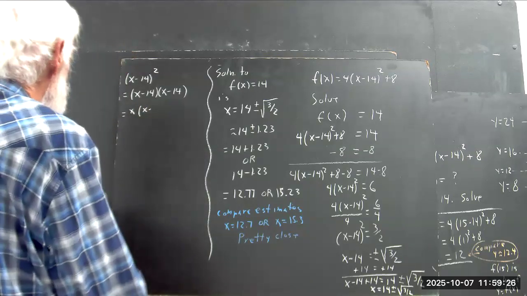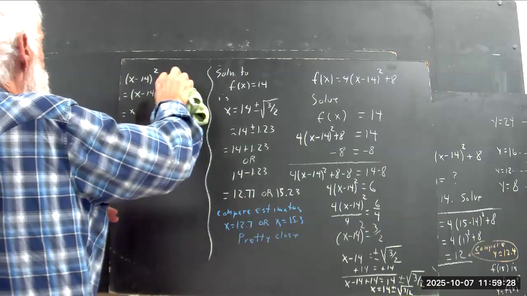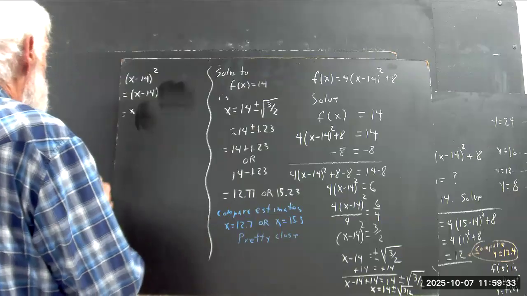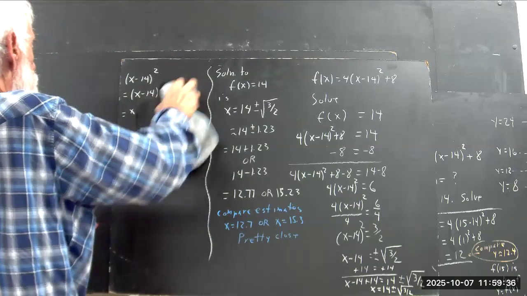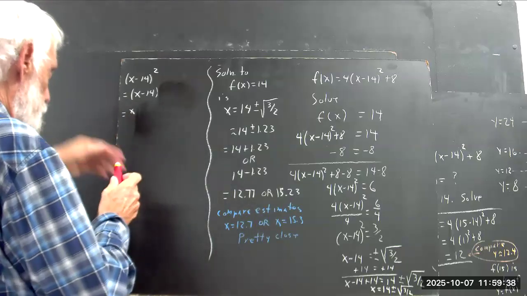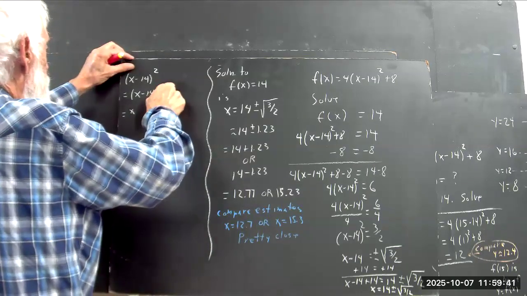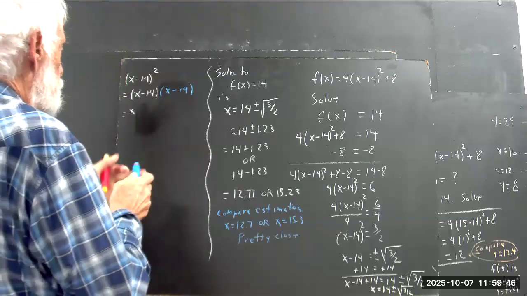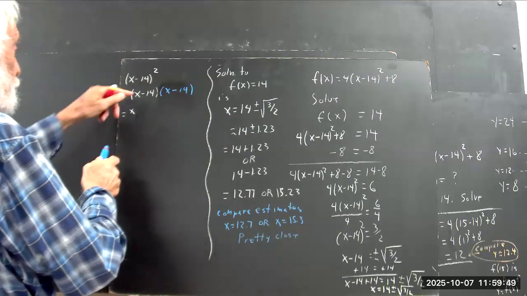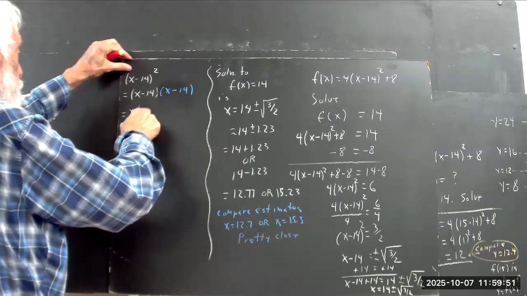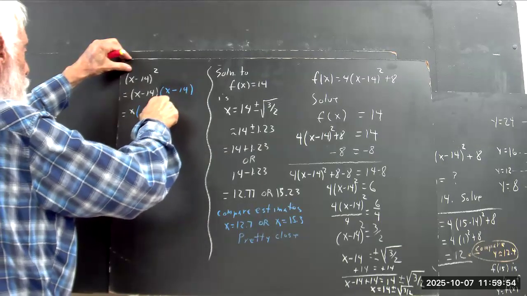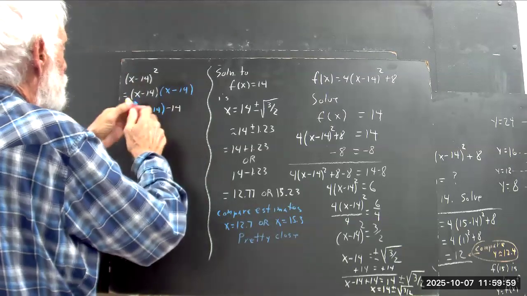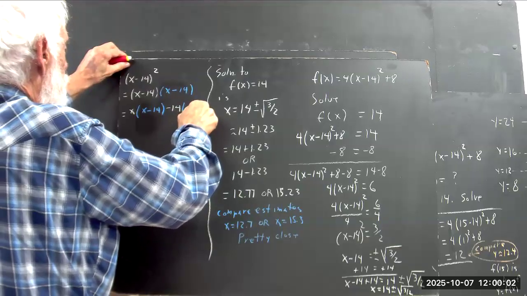I'm going to color code this, just to make it clearer what I'm doing. x minus 14 multiplied by x minus 14 is equal to x multiplied by x minus 14, but also minus 14 multiplied by x minus 14.